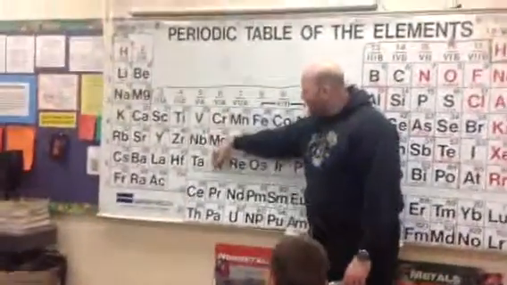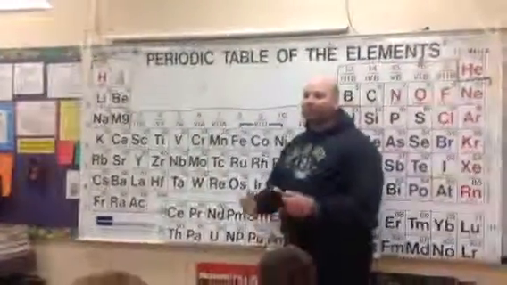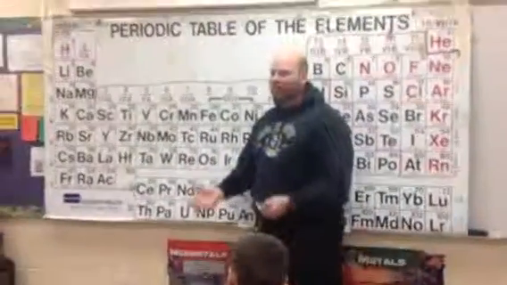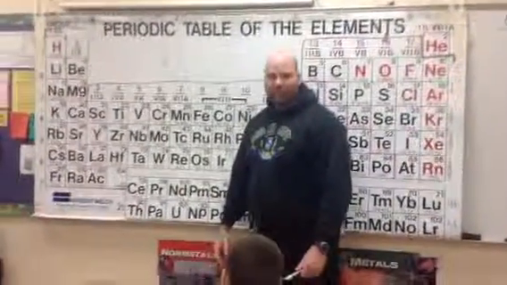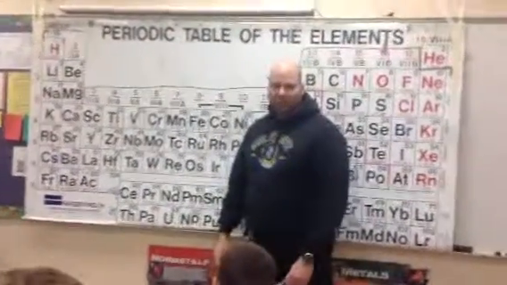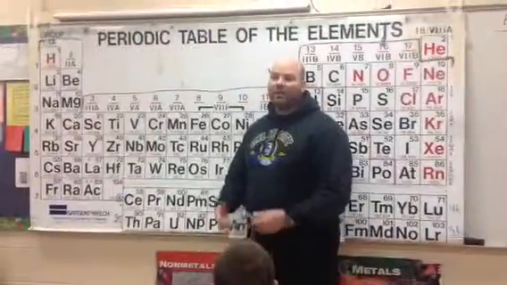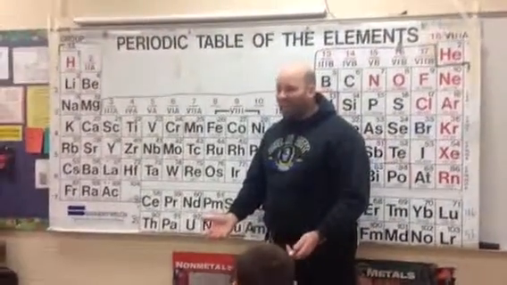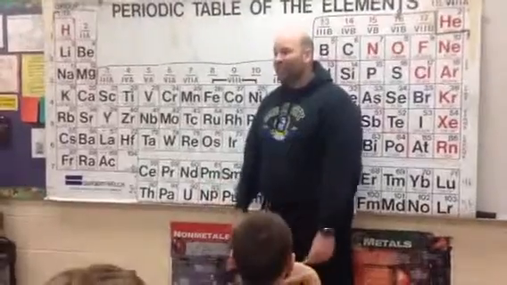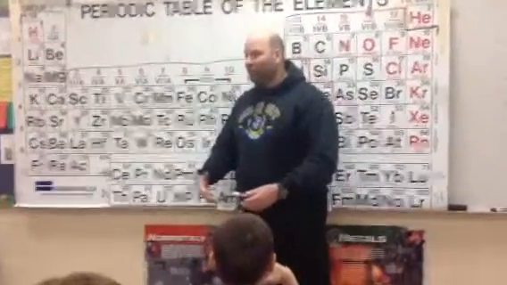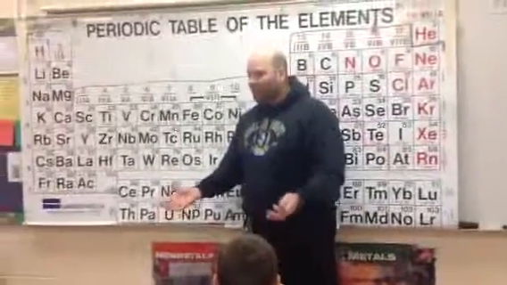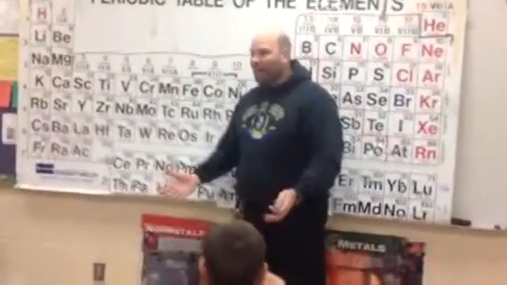So that's why when you look at elements that are in the same column, they have similar reactivities and similar chemical properties. And you've been taught that in the lower grades, yes? Elements in the same family have similar chemical properties. What you might not have known is why. It's because they really do have the same structure. It's just the energy levels are further out. But they've got the same number of electrons that are involved in bonding.